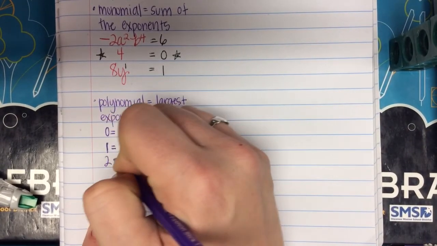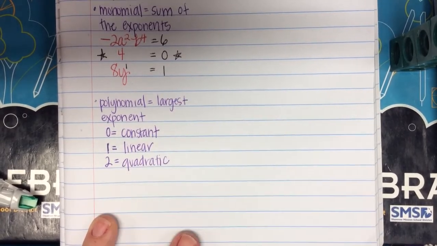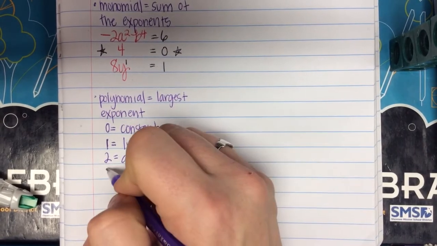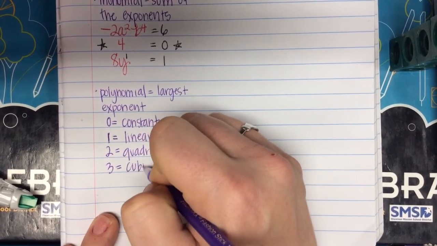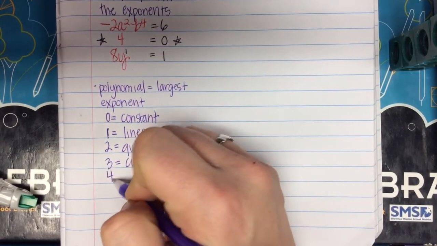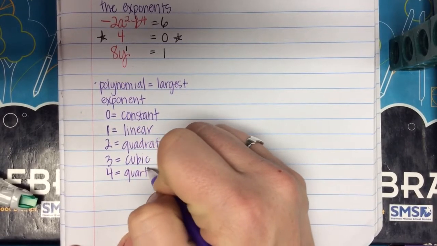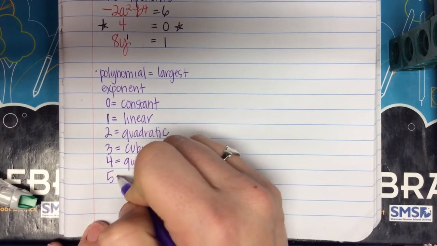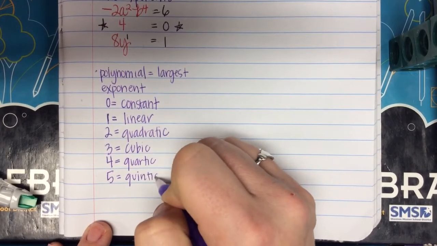If the largest exponent is a 2, we call it quadratic. If the largest exponent is a 3, it's called cubic. 4 is called quartic. 5 is quintic.